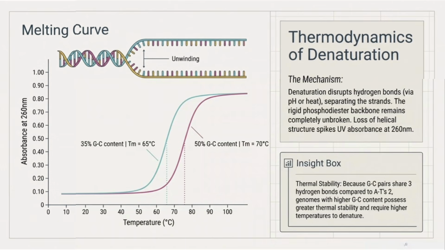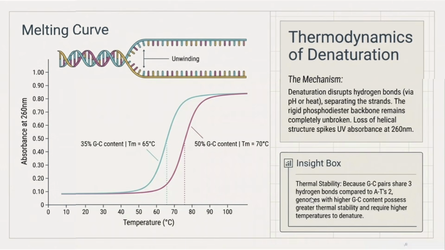First of all, this is double-stranded DNA, and eventually it unwinds into single-stranded DNA. And what we see here is that DNA that has 35% GC content will melt at a lower temperature than one that has 50% GC content, because the temperatures are 65 degrees Celsius and 70 degrees Celsius respectively.